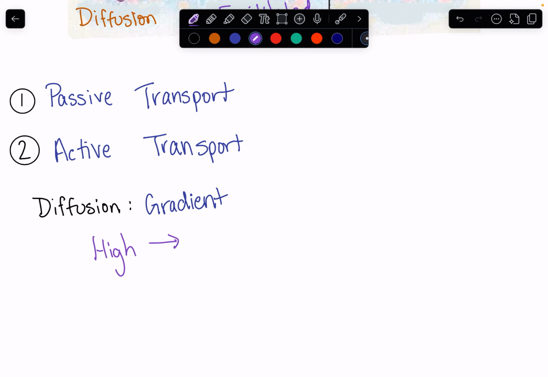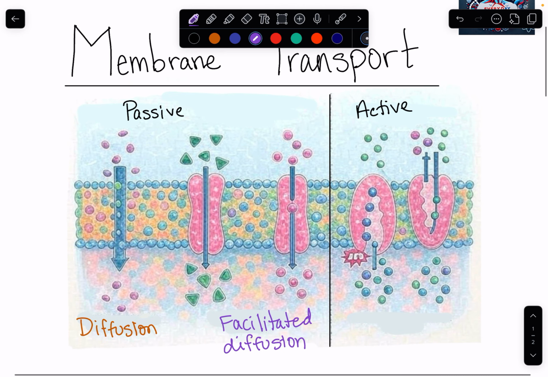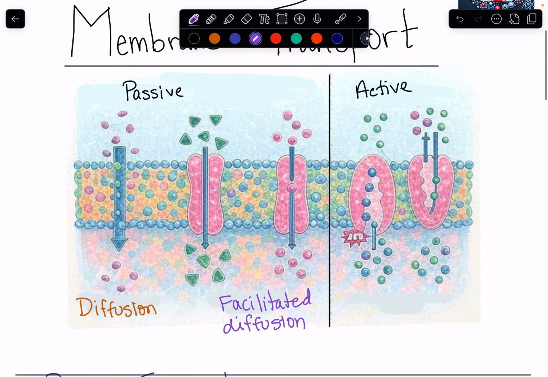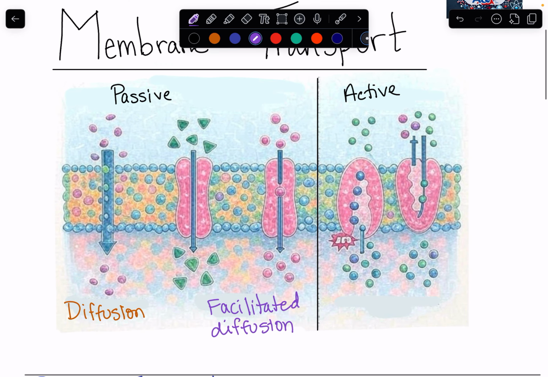So a gradient is going to be high to low. And in terms of passive transport, when we talk about diffusion, it's going to be molecules that are going from high concentration to low concentration. We have a concentration gradient.